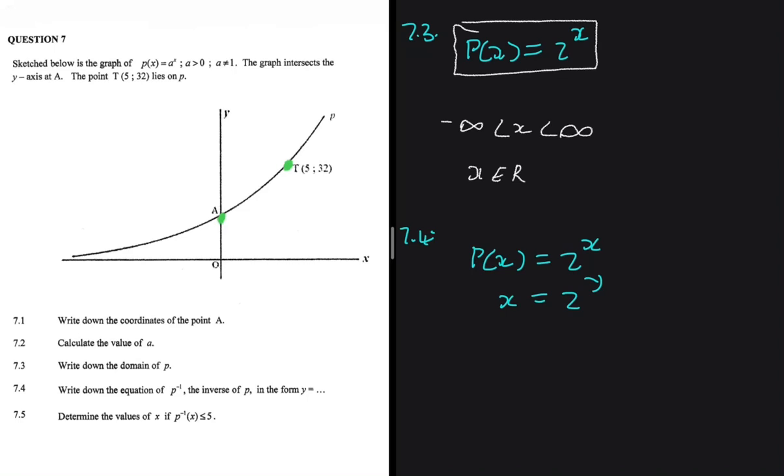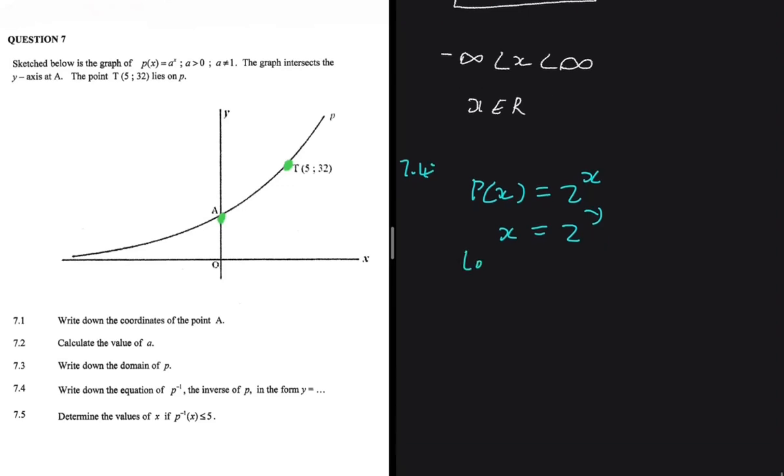And then from here on, we have y as our exponent, so we have to introduce log on both sides. If we do that, we're going to get log of x being equal to log of 2 to the power y, and then on the left hand side we're going to have log of x still, and then on the right hand side we can drop the exponent, which is y, because we've introduced log, right?